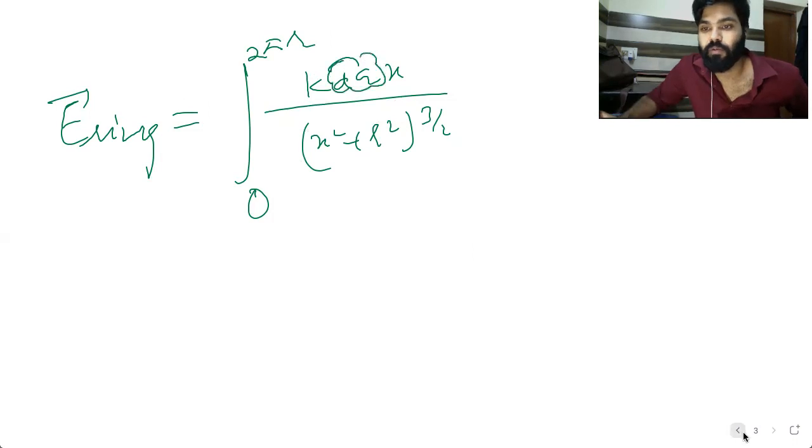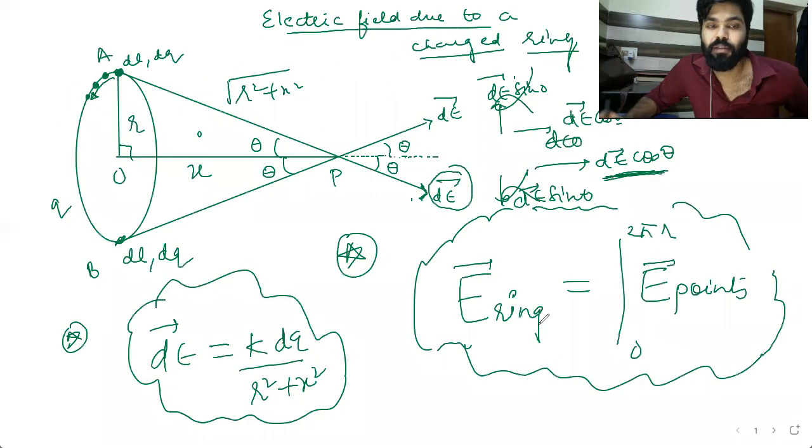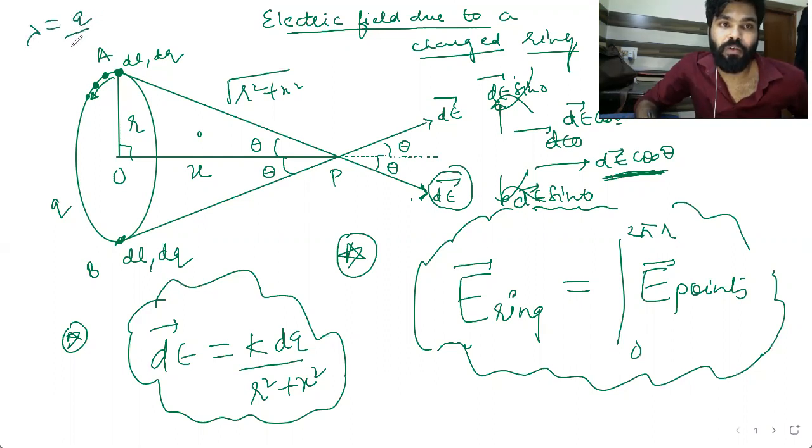What is the value of dq? As this is a linear charge distribution, the charge is distributed over a length, which is a circular length. So you have to find lambda. The value of lambda is total charge over total length, which is 2πr. If this is the charge on unit length, then the charge on length dl is going to be lambda times dl.